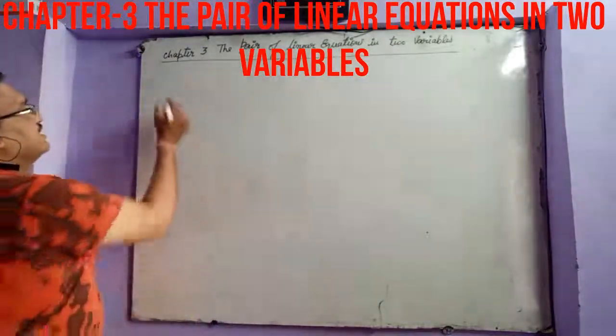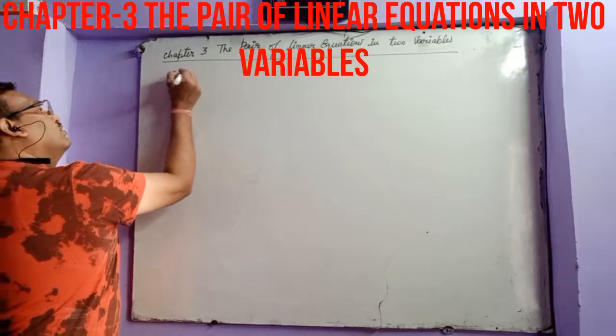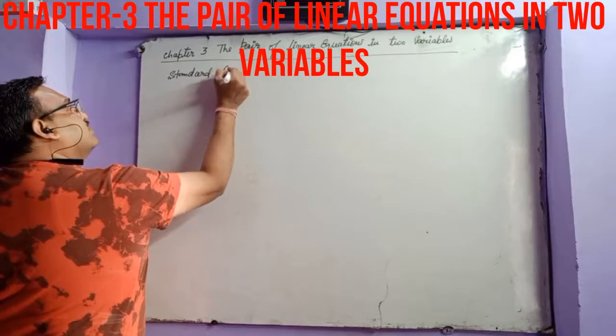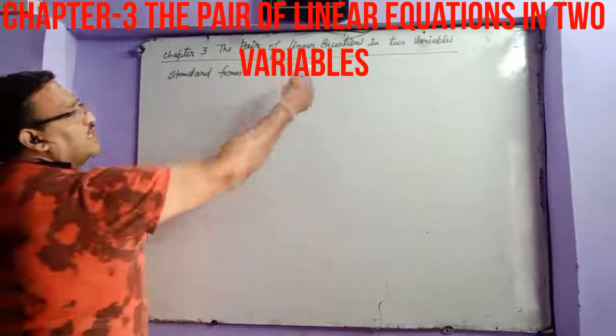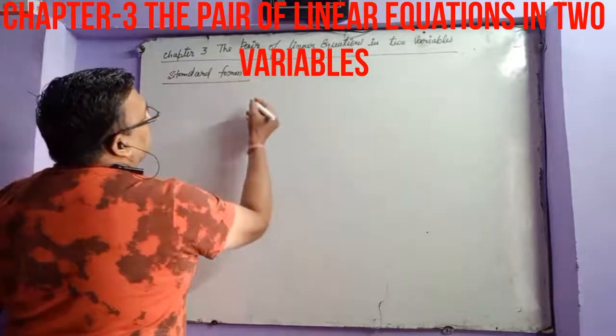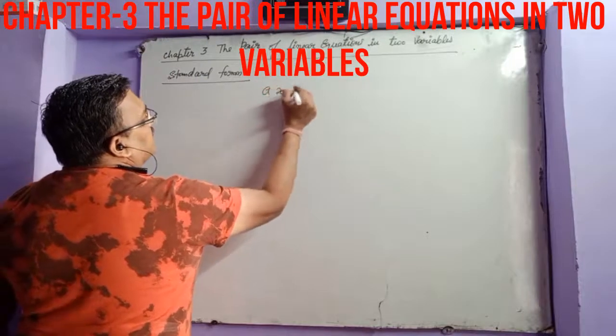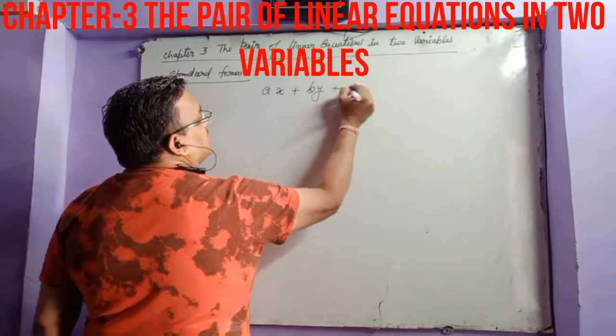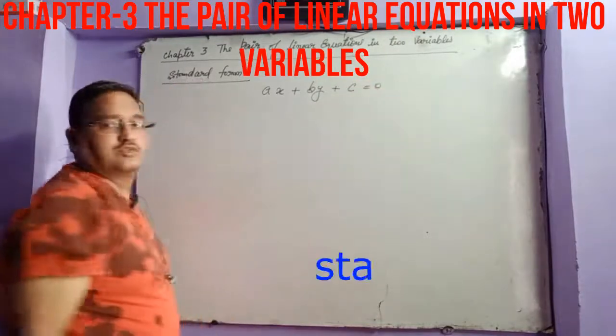Now come to the standard form. The standard form of a linear equation is ax plus by plus c is equal to 0.